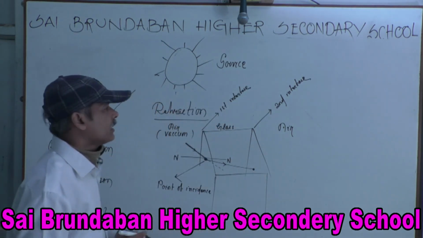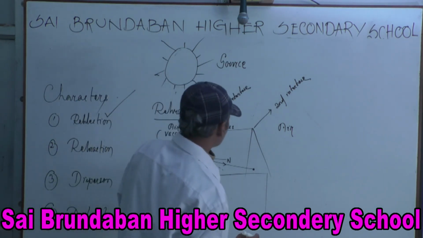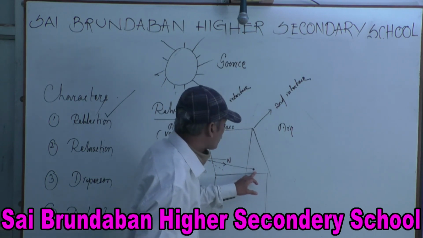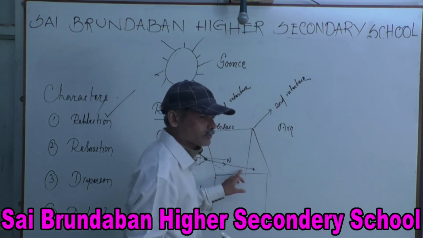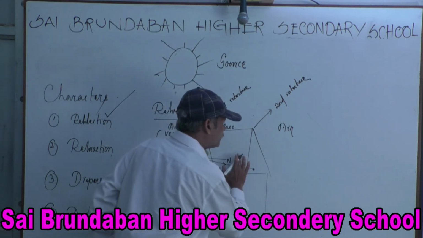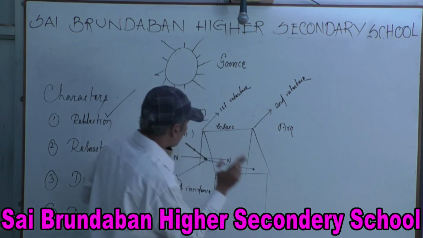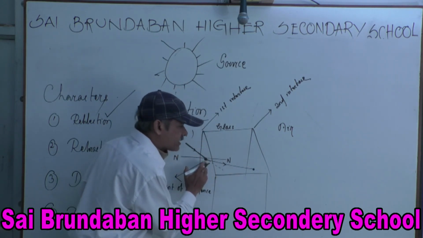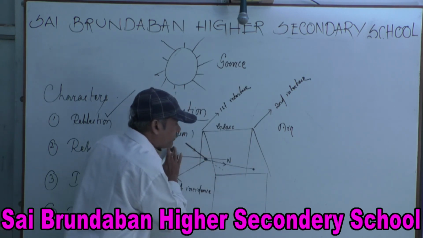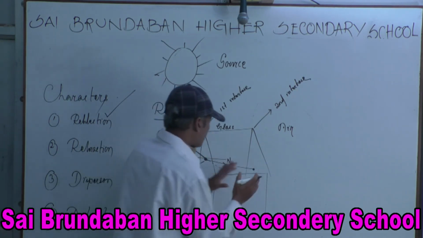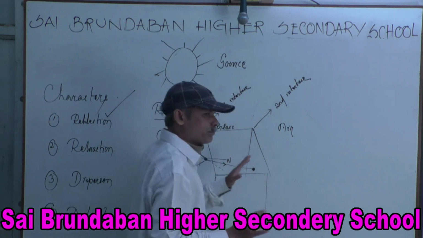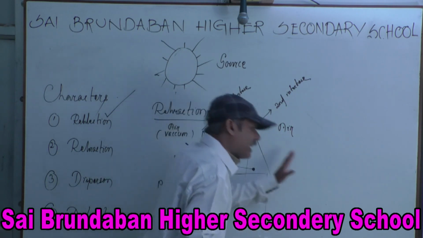At this point of incidence, the ray propagates from glass medium to air medium, whereas at the first point of incidence the ray propagated from air medium to glass medium.